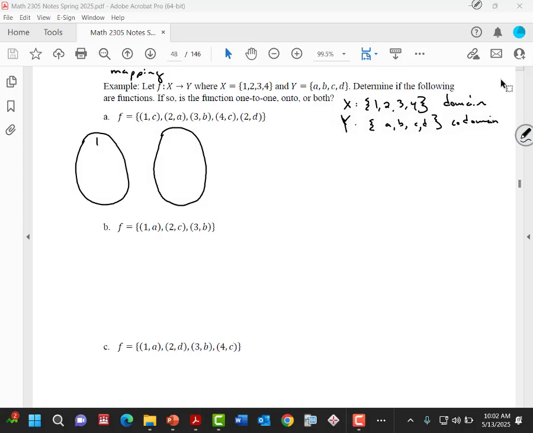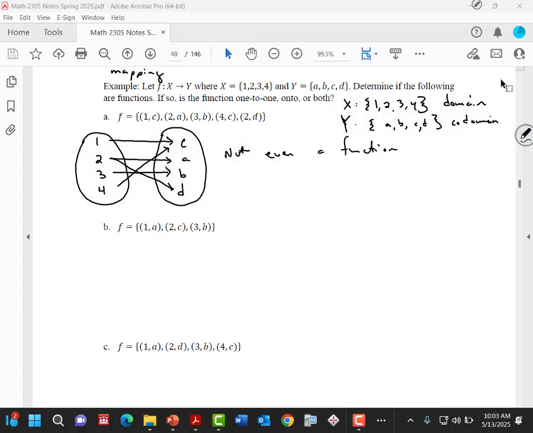So I have these numbers right here. 1 maps to C. 2 maps to A. 3 maps to B. 4 maps to C. And 2 maps to D. Well, my claim from the onset is that this is not even a function.